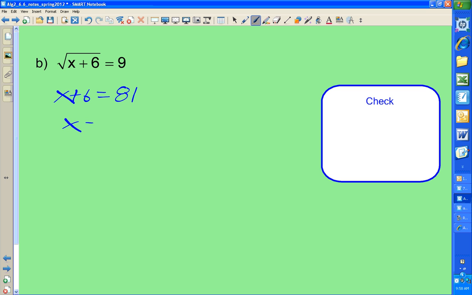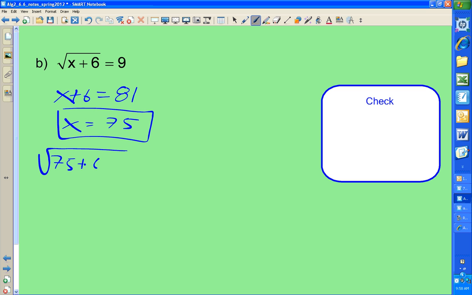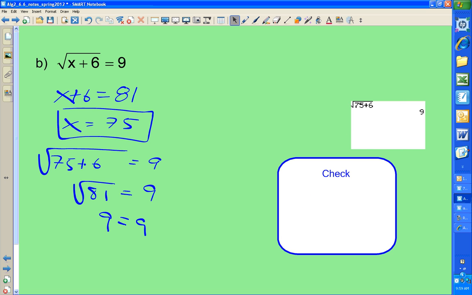And x equals 75. Easy, right? The square root of 75 plus 6 is root 81, which is 9. Here's a calculator check over here. Square root of 75 plus 6 is 9. Everybody good with that? It's like tossing softballs. Easy.